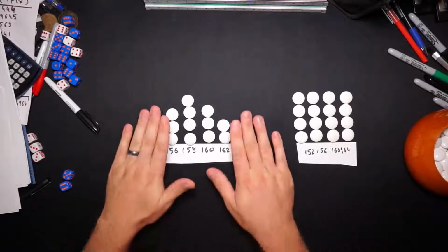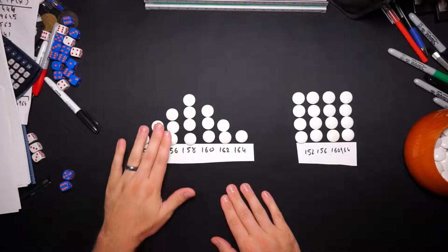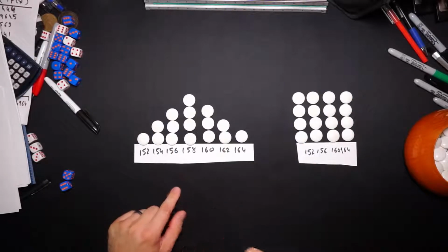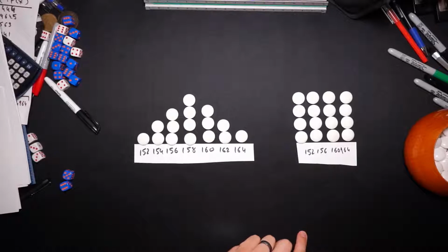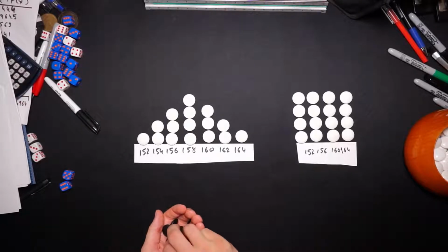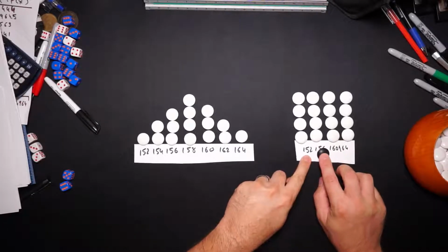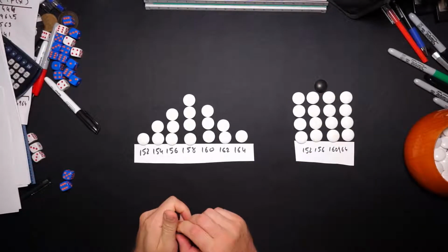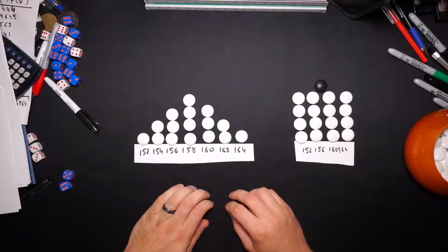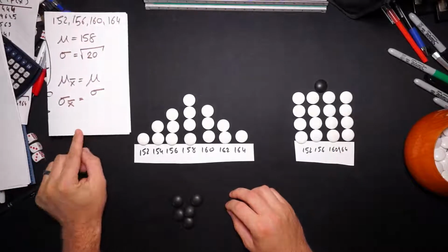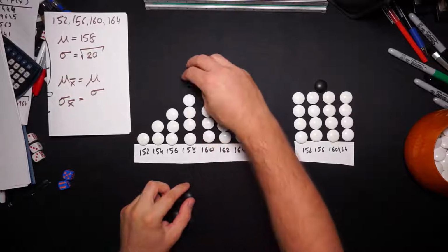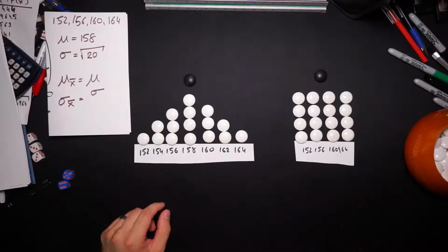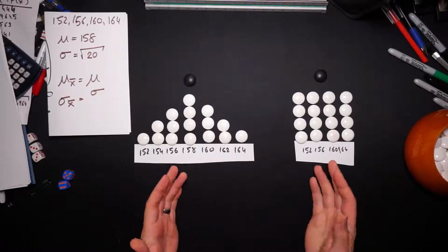So this is the kind of setup. We went from this to that. Now where's the mean? The mean was right here, right? At 158. Somewhere between those two, there was the mean of 158. This is what we calculated it was. And same thing here, the mean was somewhere here, 158. So what does this mean?